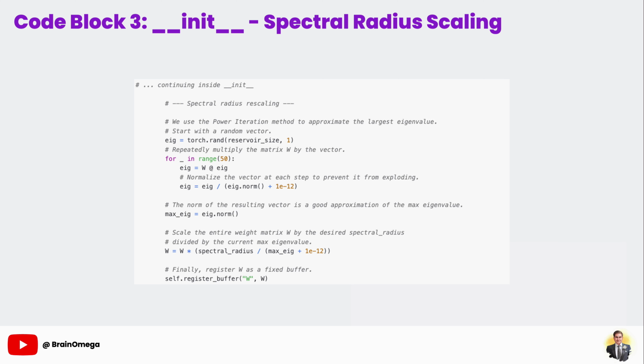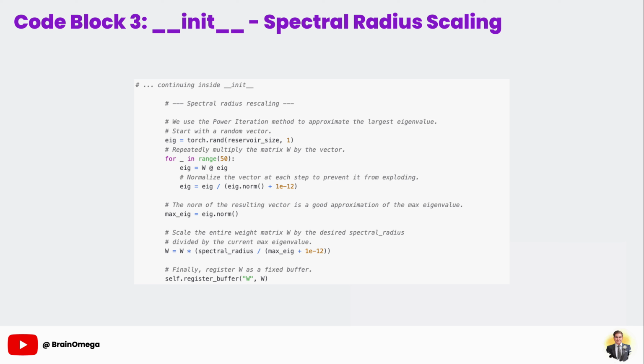We start with a random vector, eig. Then we repeatedly multiply our matrix W by this vector. At each step, the vector eig gets more and more aligned with the principal eigenvector of W. We normalize it at each step to prevent its magnitude from exploding. After about 50 iterations, the norm or length of this vector becomes a very good approximation of the largest eigenvalue.